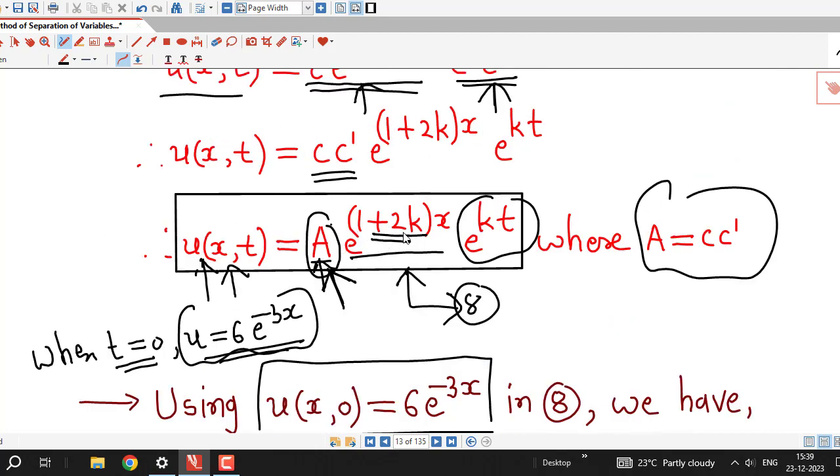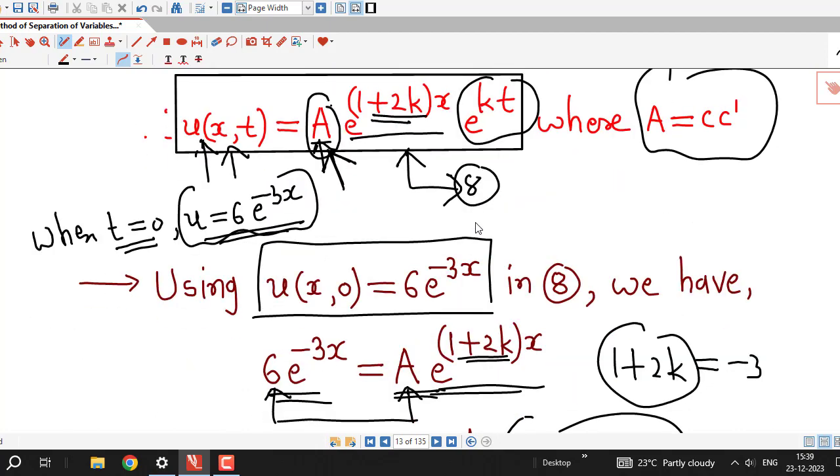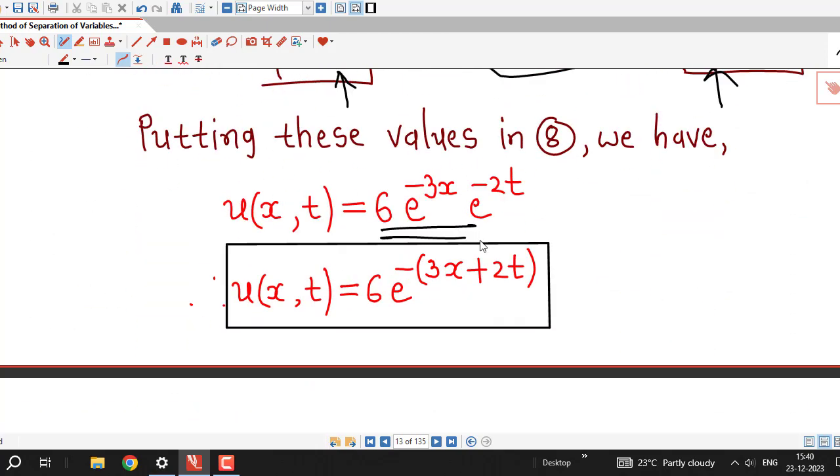So I will have 6 times e raised to minus 3x into e raised to kt. So that I have written here. And now I can combine these powers. The base is the same, e. So I have e raised to minus 3x minus 2t. And taking the negative sign common, I can write in the bracket 3x plus 2t.